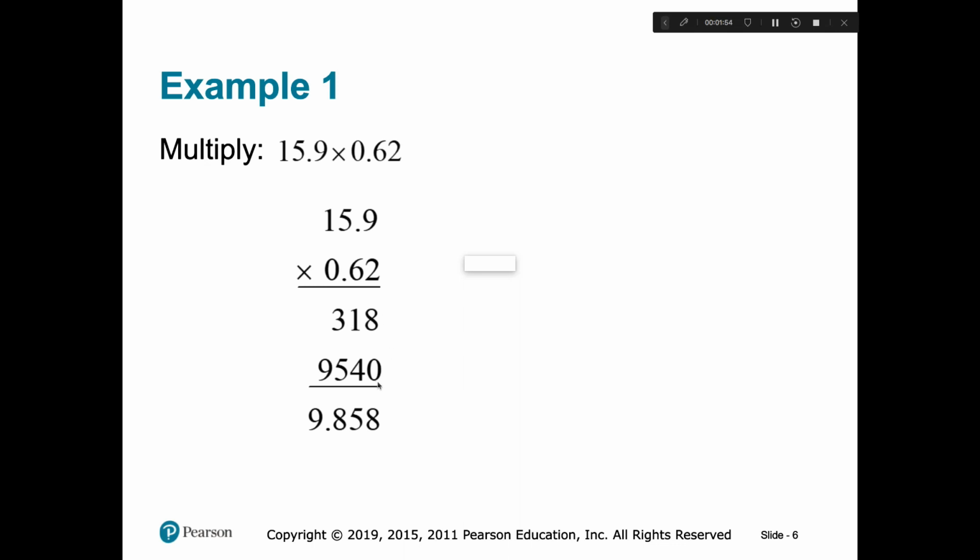Remember to add your placeholder 0 down here. How many places are behind our decimal points in this problem? 3. So we put 3 in the answer. If you're doing this on your calculator, you need to make sure that you get your decimals and your signs correct.